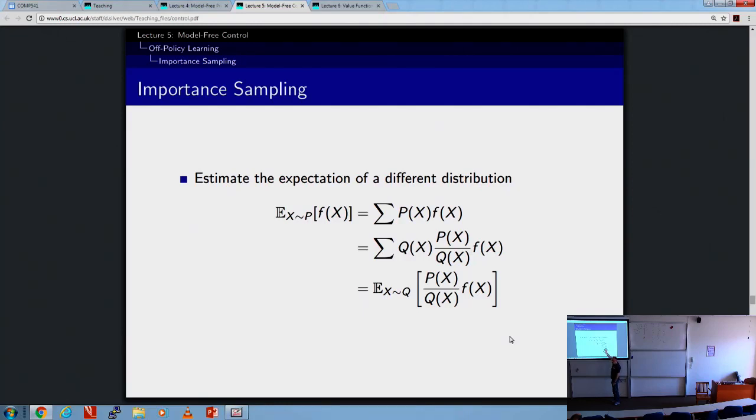If you do this correction, then you can estimate the expectation of one distribution using samples from another distribution. Any questions? 30 seconds for questions.